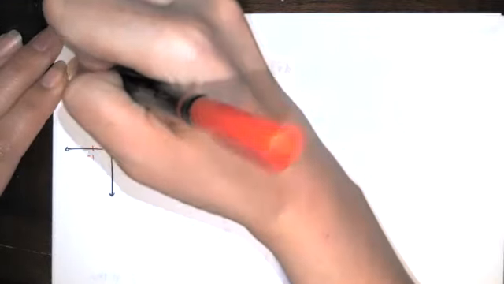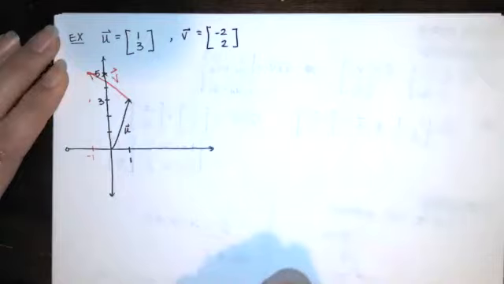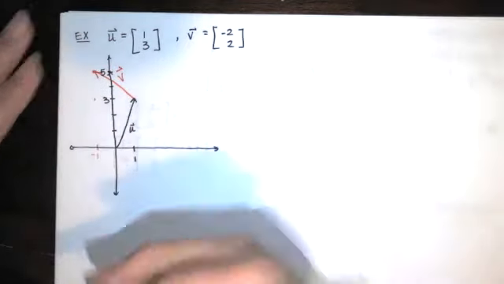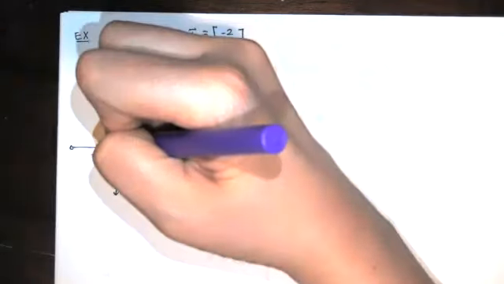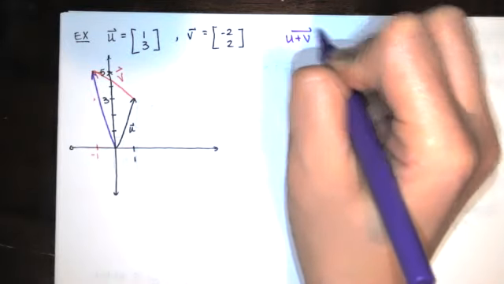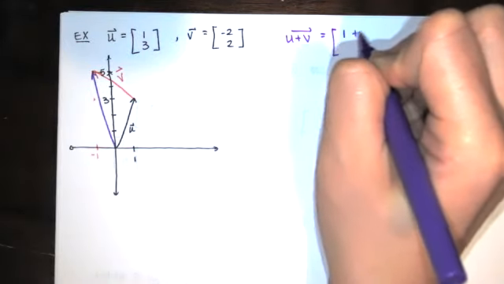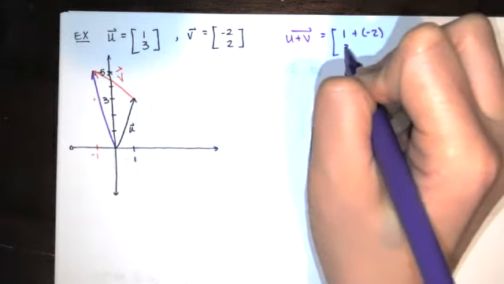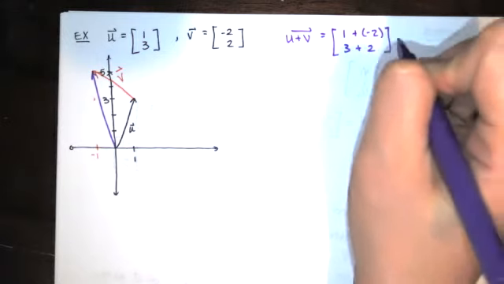That's the vector v. Is that the same as going from the origin to the location x equals -1, y equals 5? It sure is. u plus v is the vector with components 1 plus -2 and 3 plus 2, which is -1, 5.